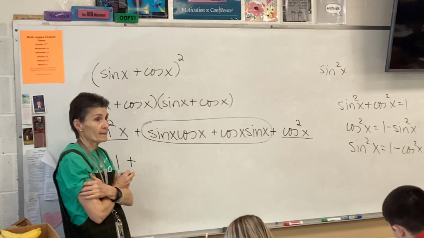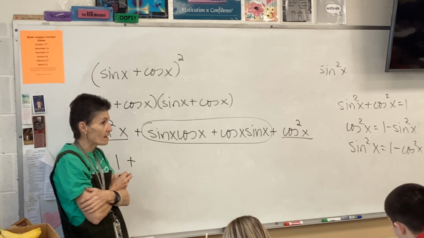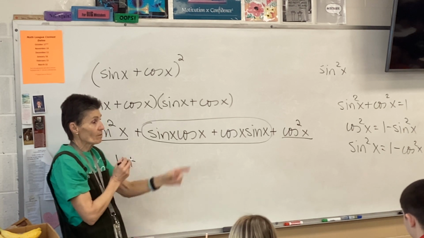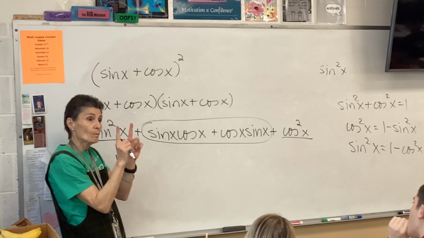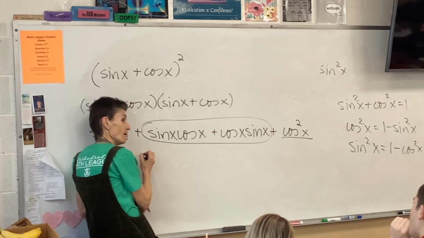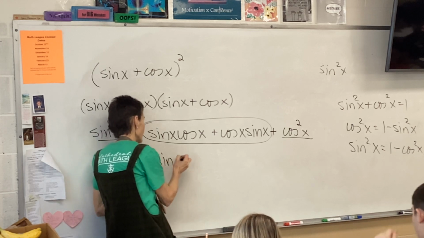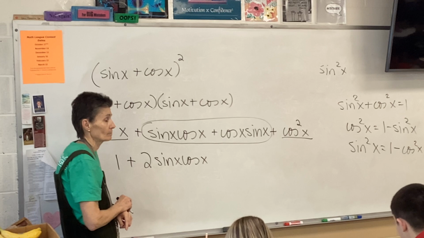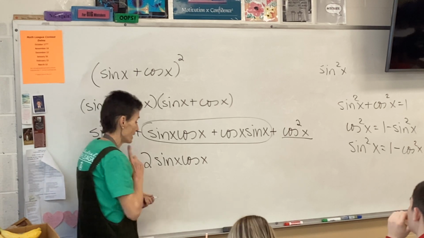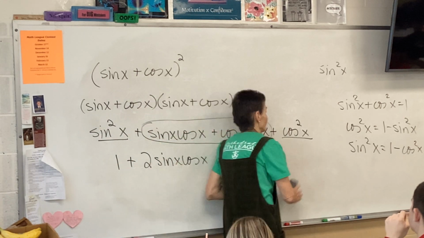Are they like terms? Yes. Are they the same thing? So if I have one sine cosine and another sine cosine, when I add them together, I will have 2 sine cosine. And we are finished.